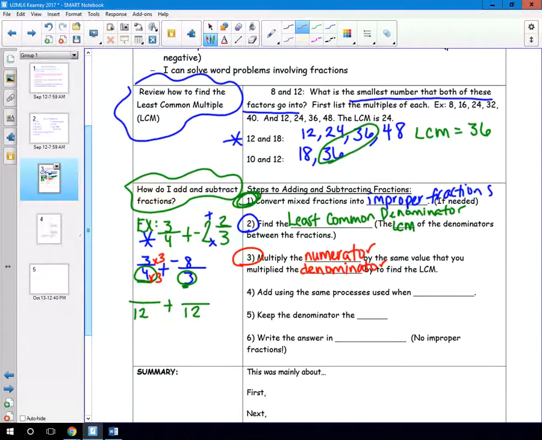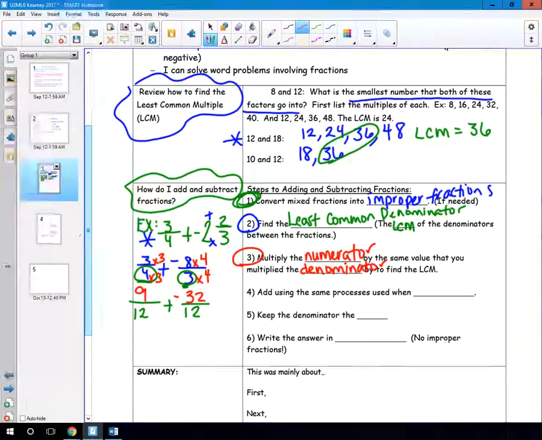So 3 times 3 is 9. Okay, because we need to make sure that both of them are the same amount of times bigger. Okay, so 9/12, and then I do the same thing for that second fraction. 3 times what gives me 12? 3 times 4. So I need to do the same thing to my numerator. So 8 times 4 is 32, and I'm going to keep the negative with it.